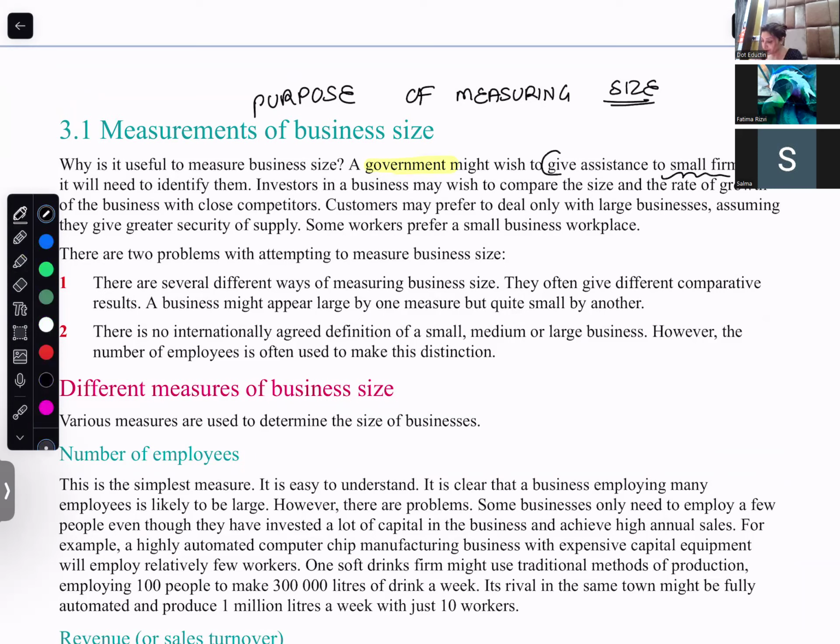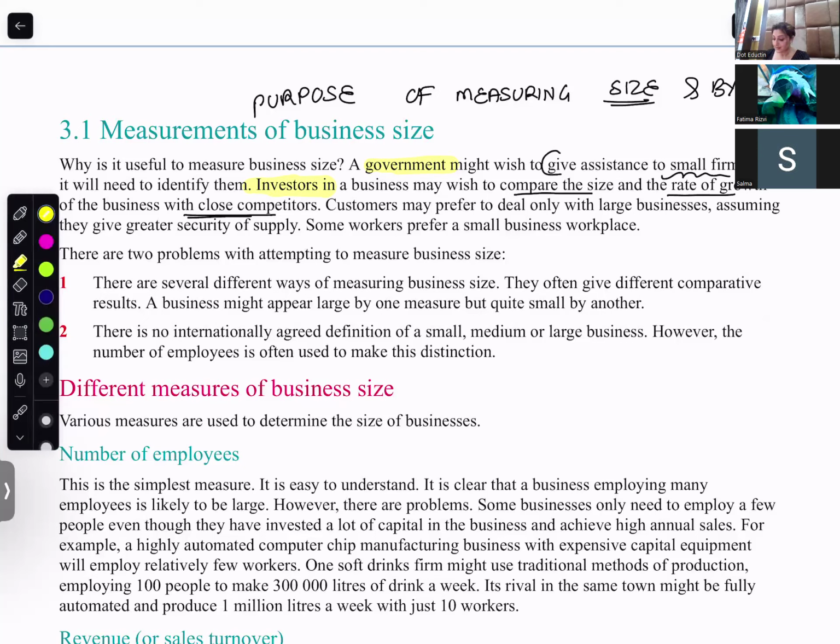Okay. Purpose of measuring size of the business, and by whom? So government would want to know size of the business because they want to give assistance to small firms. Investors might want to know size of the business so they can compare the growth rate of the business to competitors. They want to see that the business in which they have invested, is it giving growth or not?